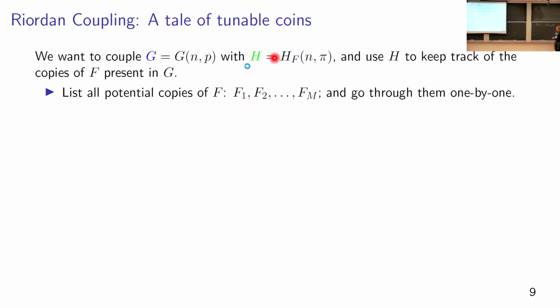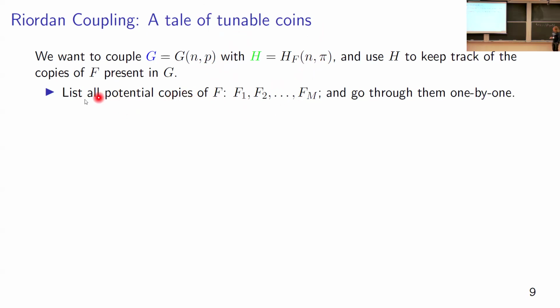in such a way that P and pi, the probabilities, correspond to one another, which means that to see a copy of F, you need P to the S, where S is the number of edges, as a probability. So this P to the S should correspond roughly to this pi.